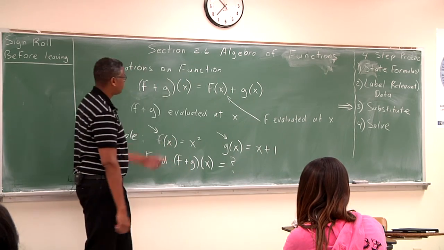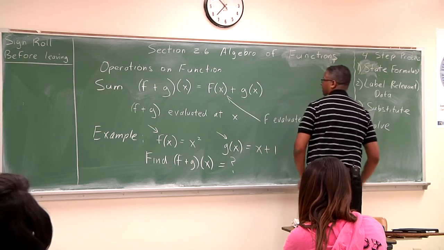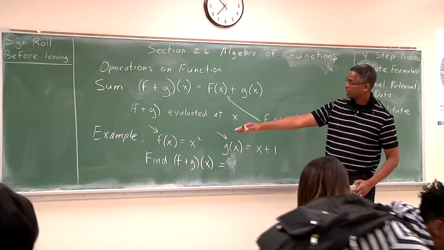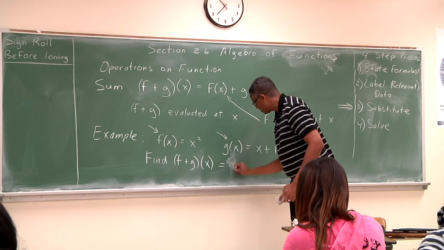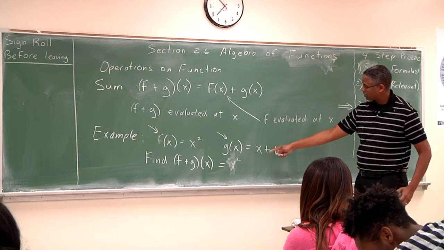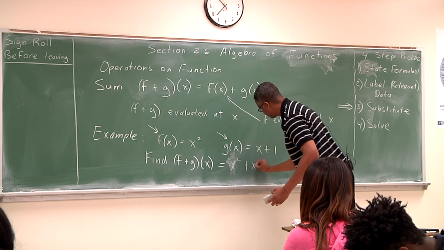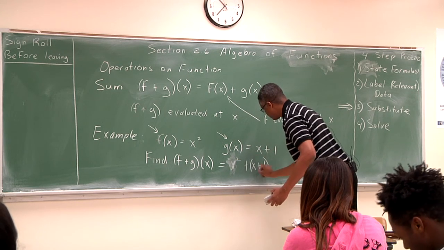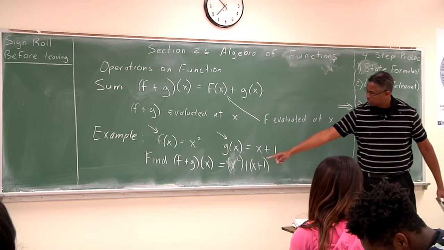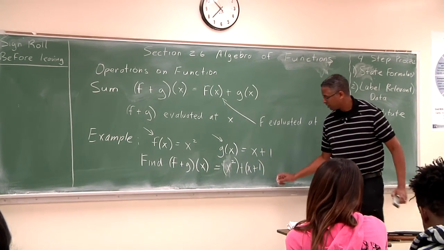If you substitute into the formula, all you have to do is replace the f of x with what you labeled. What did you label it to be? X squared. The g of x was labeled to be what? X plus 1, right. I'm going to put these in parentheses just for emphasis. So we substituted in x squared plus x plus 1.